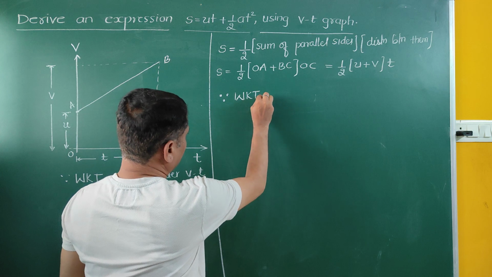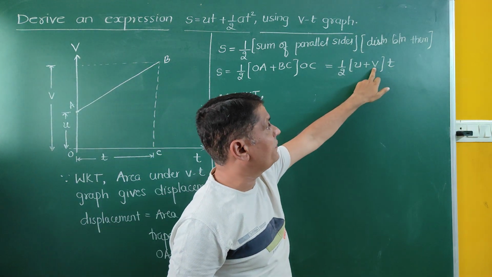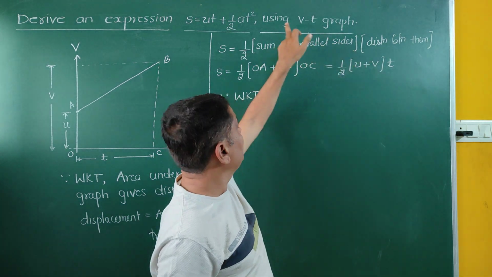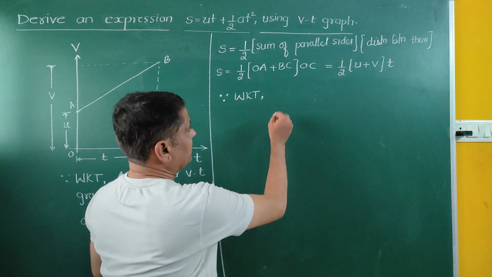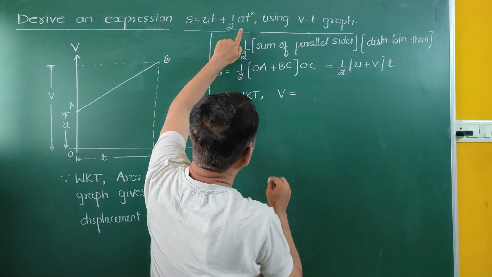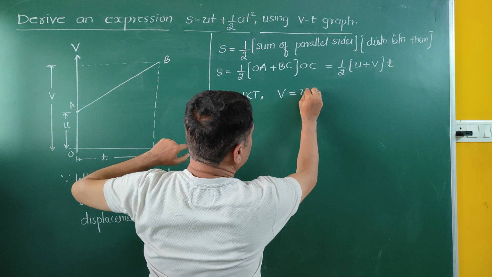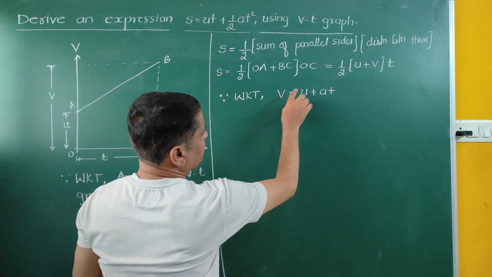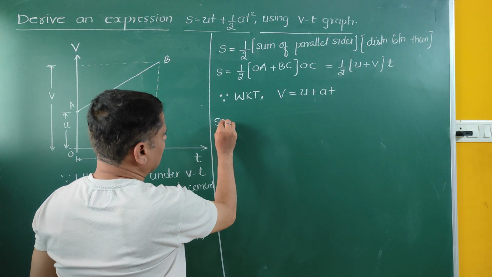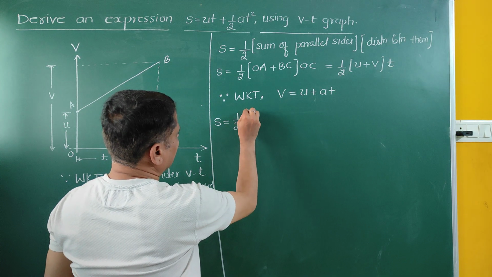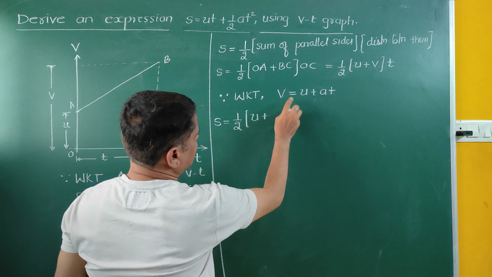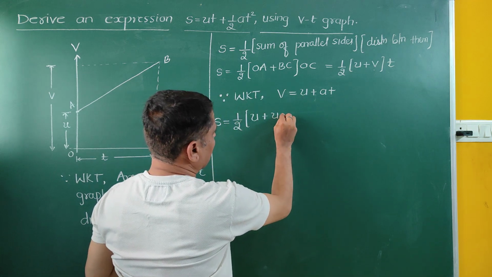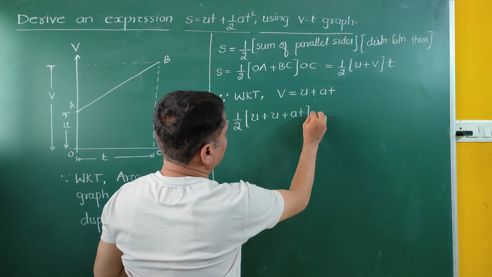We don't want V, we want A. It means I have to write V in terms of A. For that, we know the expression of V in which A is present, that is V is equal to U plus AT. Then if I substitute this V in this expression, S is equal to half in brackets U plus V, means instead of V I can put U plus AT, bracket closed, into T.